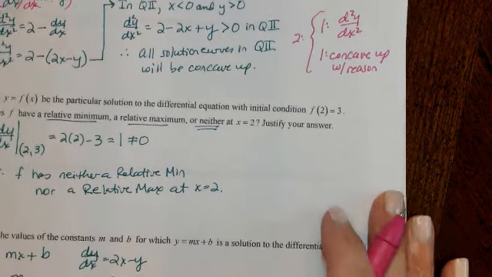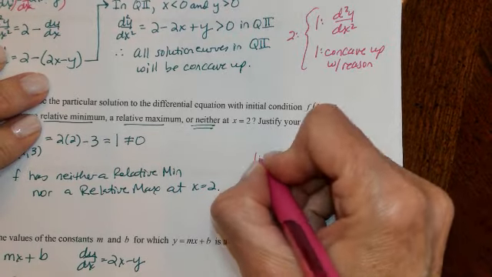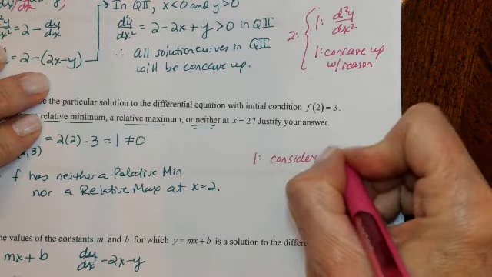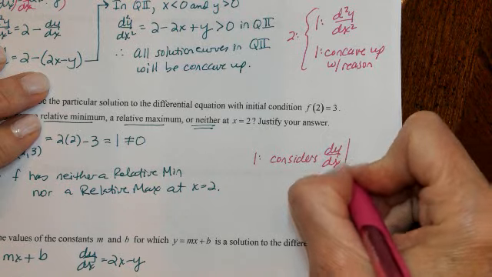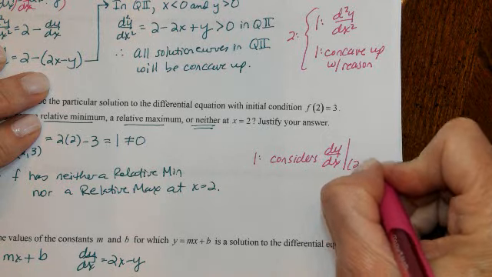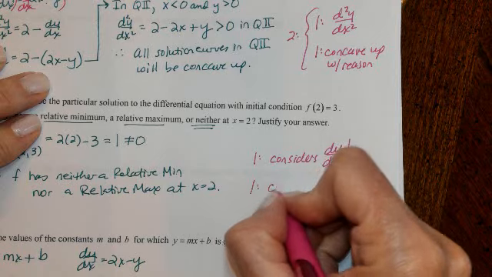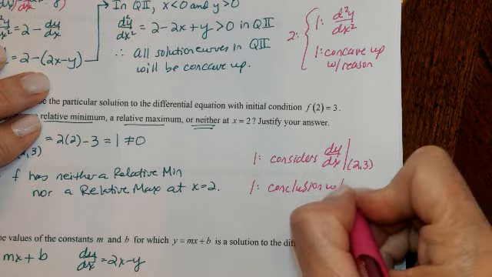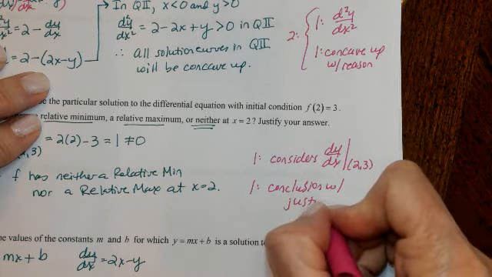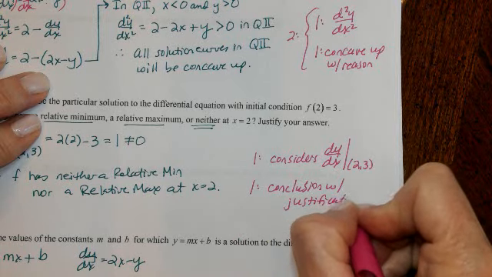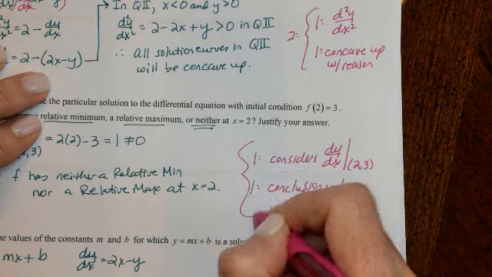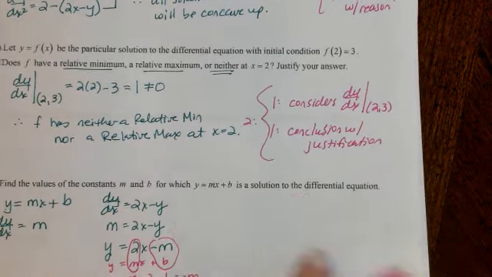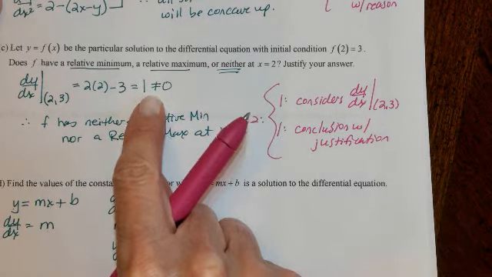Part C was also worth 2 points. 1 point for considers dy dx at the point 2, 3, and 1 point for the conclusion with justification. Our justification was written right here.